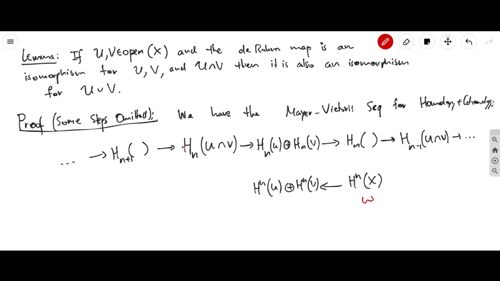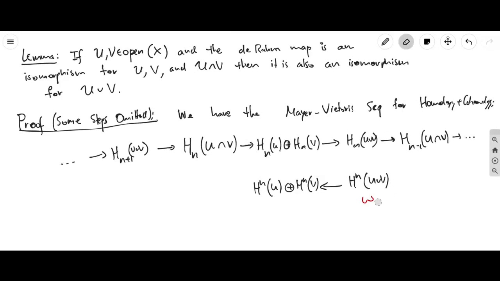I'm working with the union here, so this would be U union V, because the union of U and V is not necessarily X. That's kind of what we want to eventually build up to, but it's not necessarily X yet.